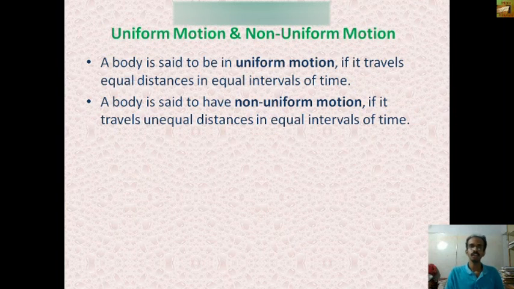That is, for a body traveling in uniform motion, the speed will be constant. While in the case of non-uniform motion, it will be traveling unequal distances in equal intervals of time.